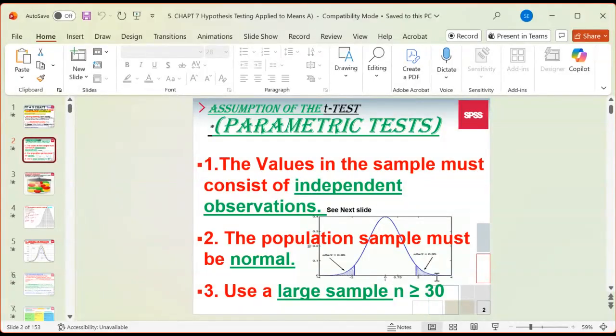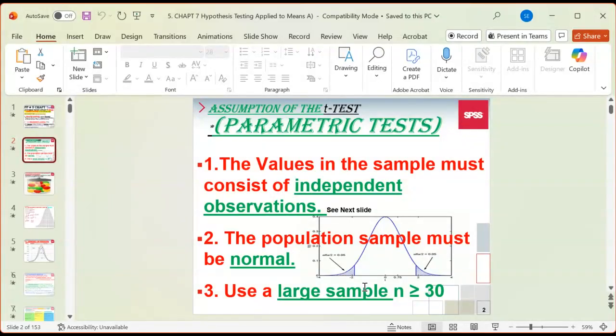The second one is the population sample must be normal. For t-test, we use the same distribution as we did for the z-score, normal distribution or bell-shaped, with the mean of 0 and a standard deviation of 1. It goes to right, positive 1, 2, 3, left, negative 1, negative 2, negative 3.